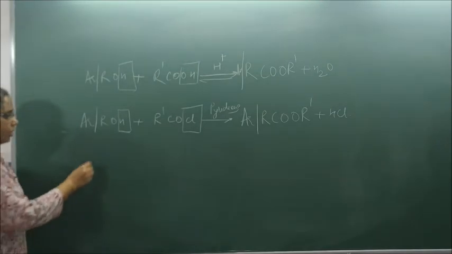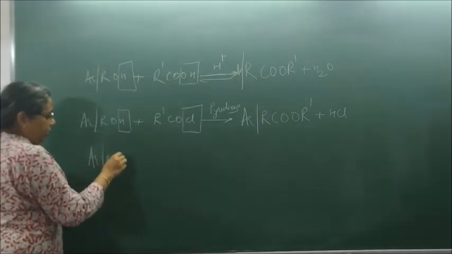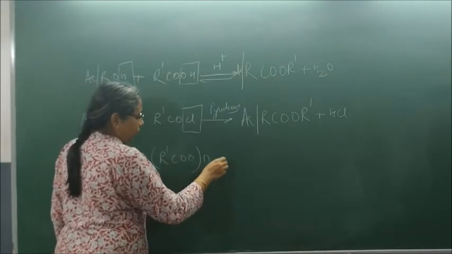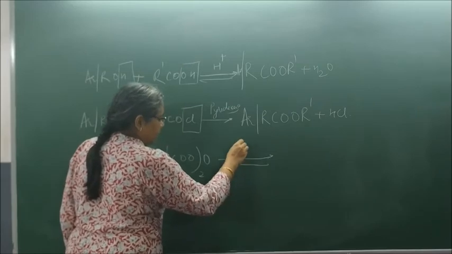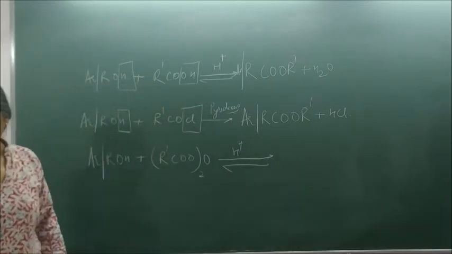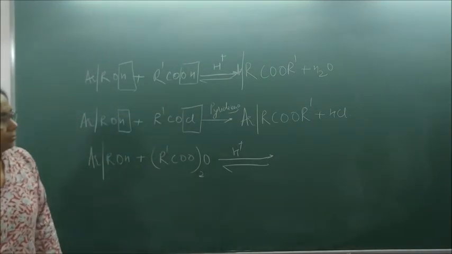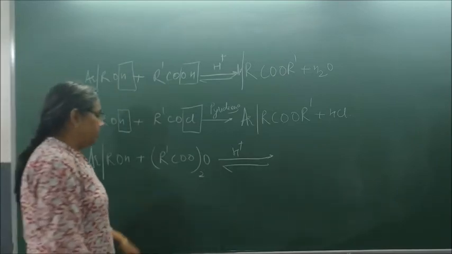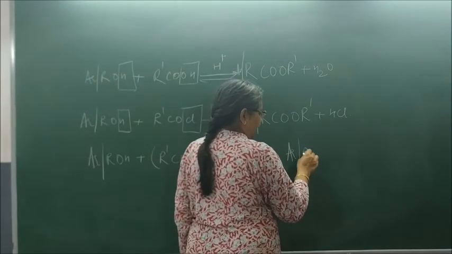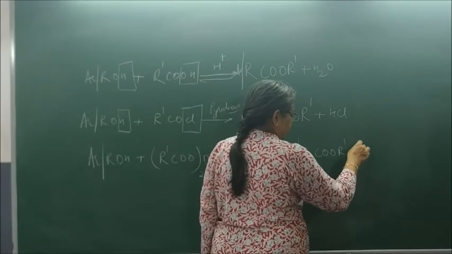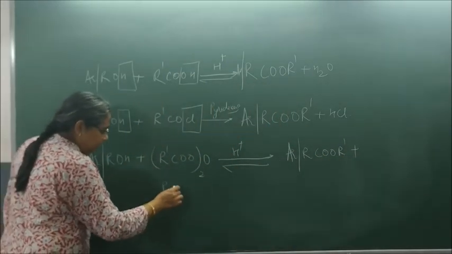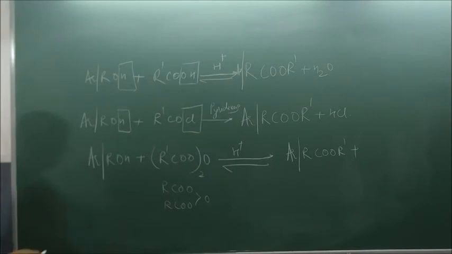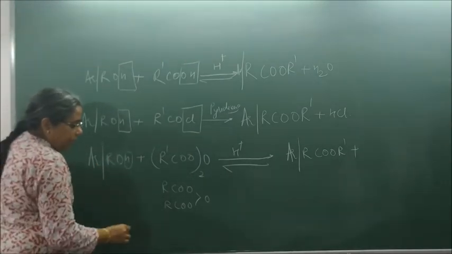Fine. Now the last one, ArOH plus (RCO)2O. This also takes place in the presence of H plus. What will I get? Now I have two R's. One will remove the H from here, and what will form?